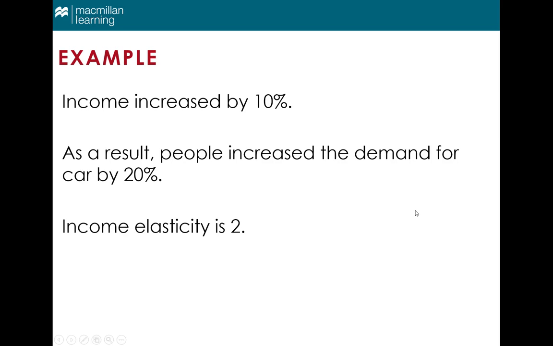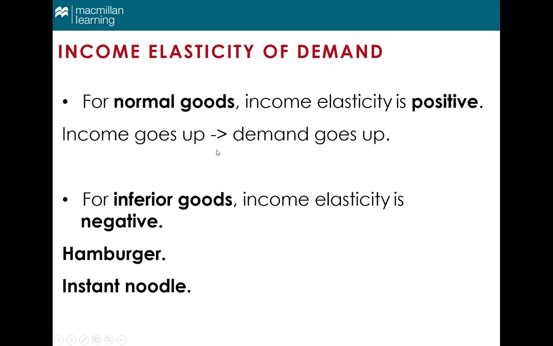In this particular case, the income elasticity is positive because when there was an increase in income, people reacted by increasing the demand for that good. We say that this is a normal good whenever income elasticity is positive. A higher income leads to a larger demand for that good, then it's a normal good.